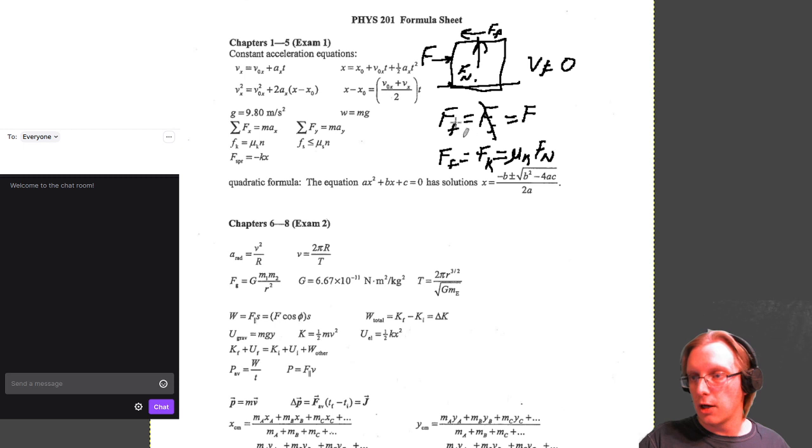If we have static friction, then static friction must be less than or equal to mu static times the force normal. If the applied force becomes greater than the static friction will allow, then the static friction will break. And then we're back into the kinetic friction.